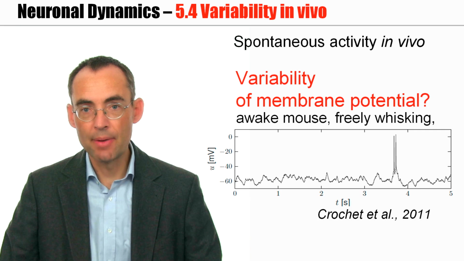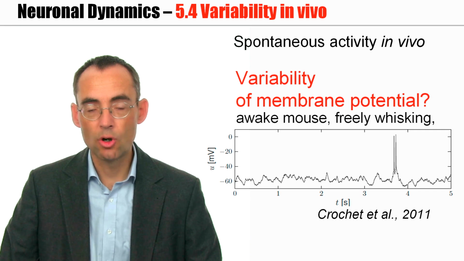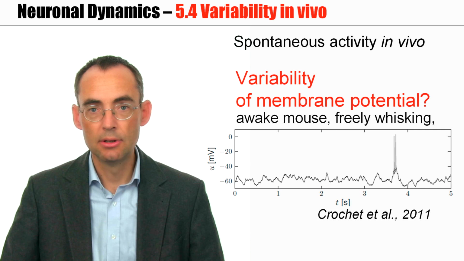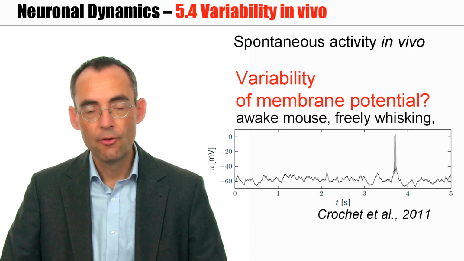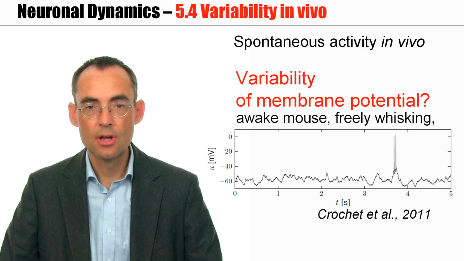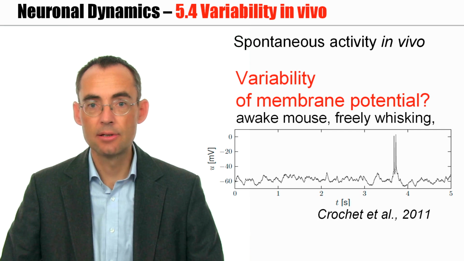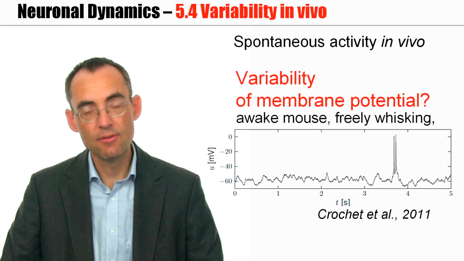Now, fluctuations of the membrane potential are indeed observed in vivo. So it's interesting to know a little bit how these variances, the fluctuations, could possibly arise. And to do so, we develop a model.